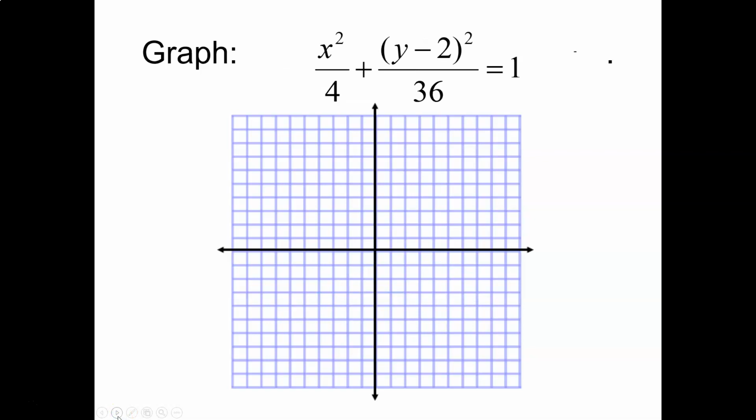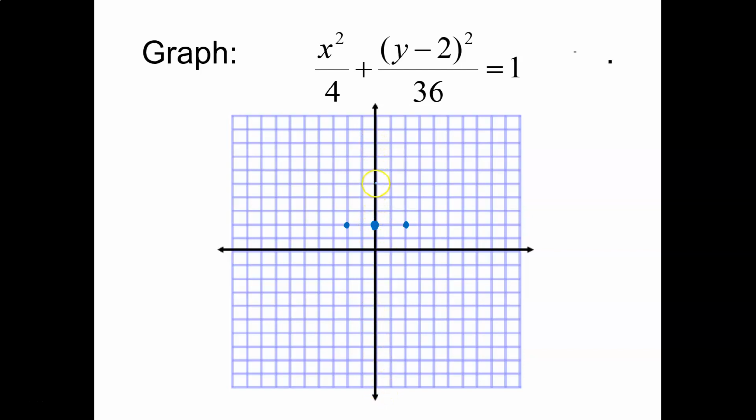Alright, so if I had this one, my center would be at (0, 2). Okay, how much should I go to the left and right? 2. Go left 2, right 2. How much should I go up and down? 6.